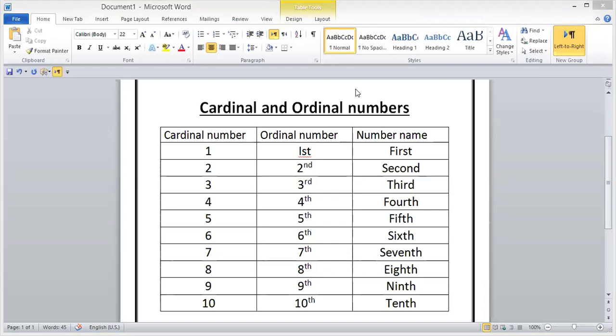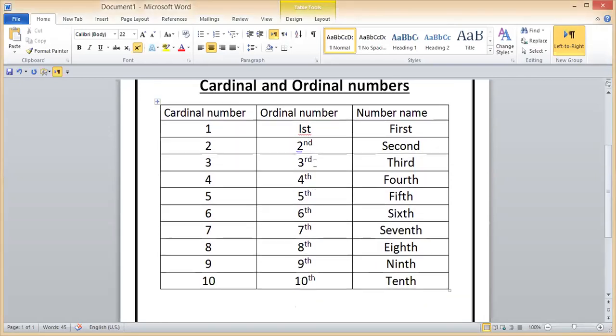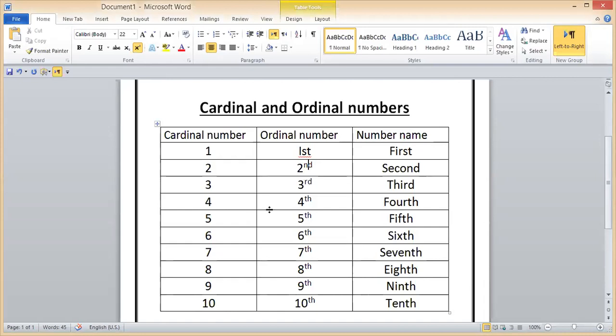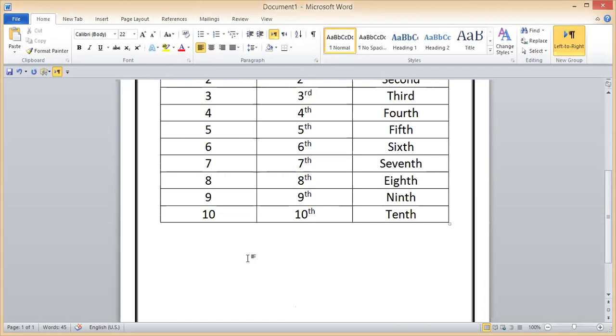Okay, now I'm going to ask you a question. In the word country, what is the position of U?